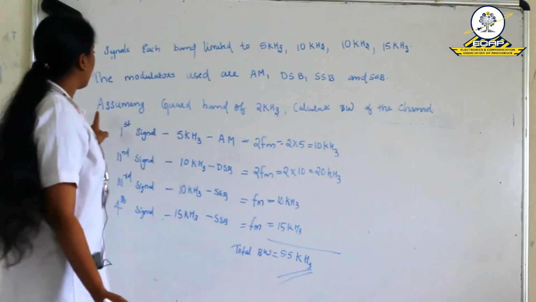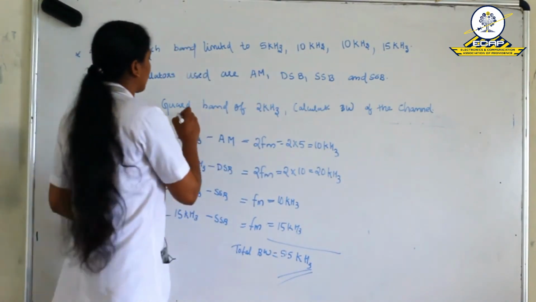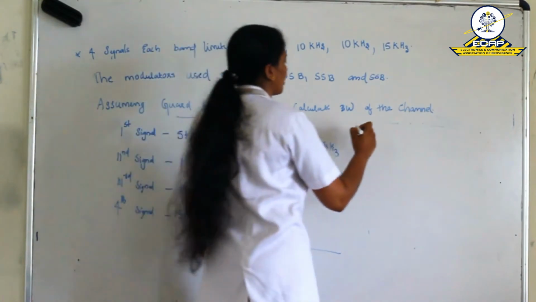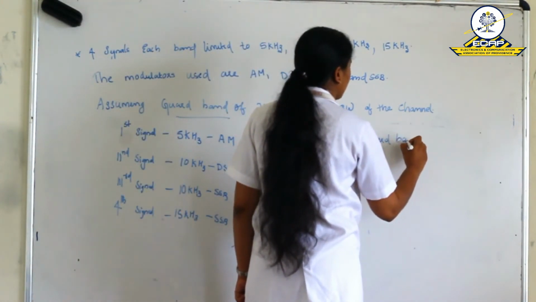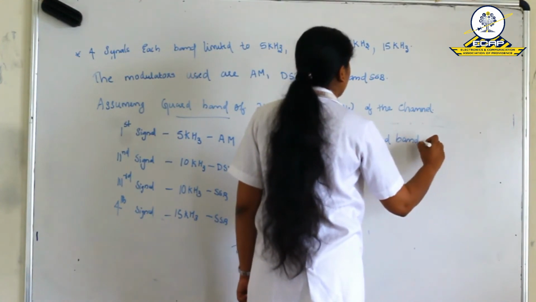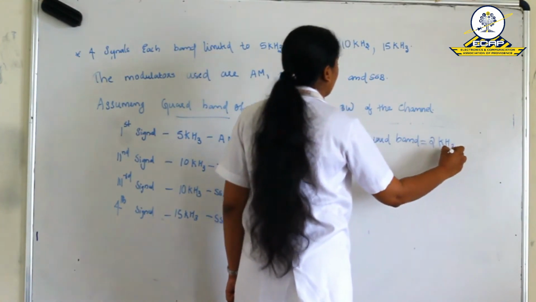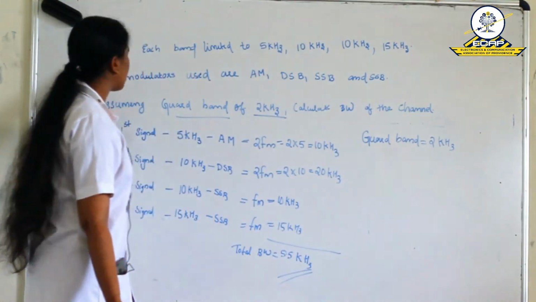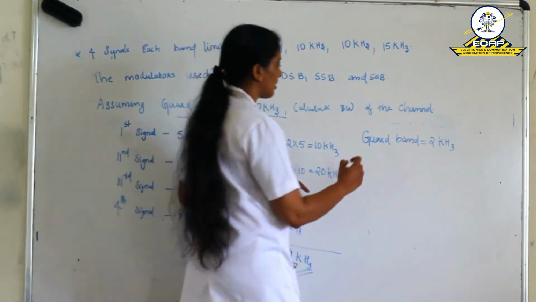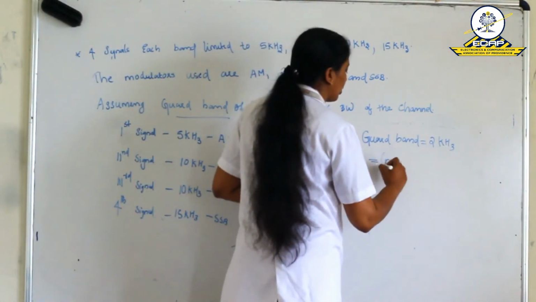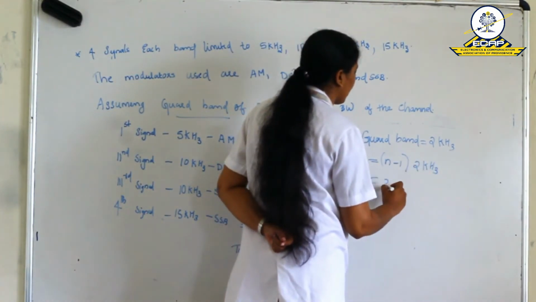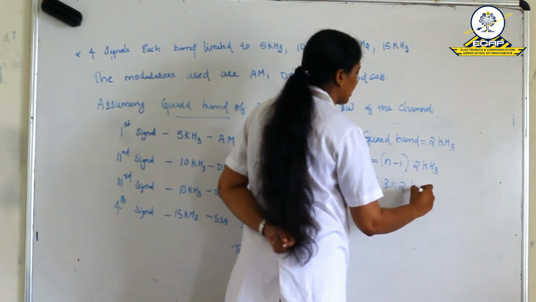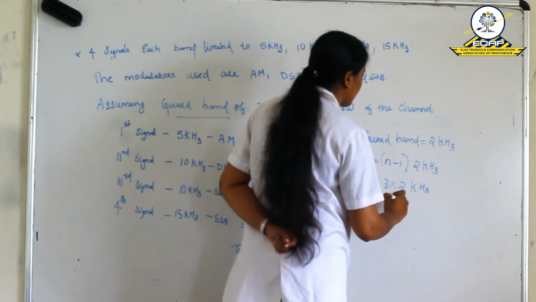Here the guard band provided is 2 kHz. We know the number of signals is 4, so it is taken as n minus 1 into 2 kHz, that is 3 into 2 kHz, equal to 6 kHz.